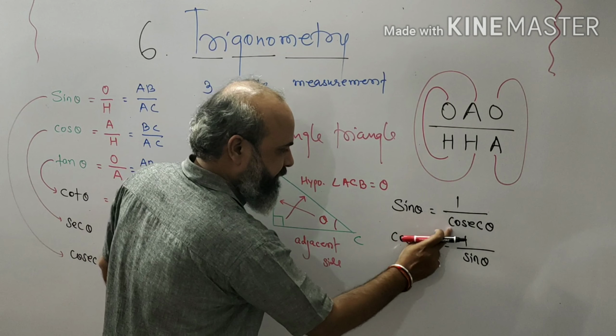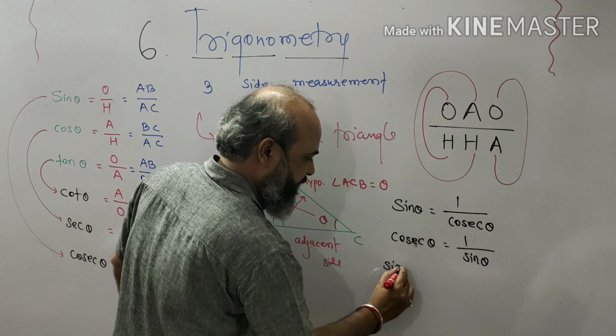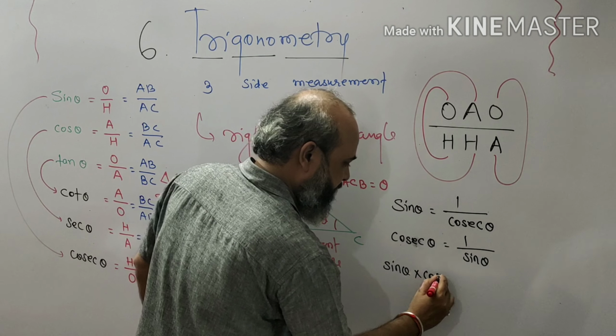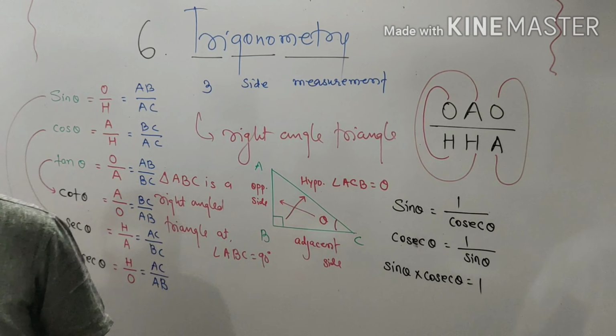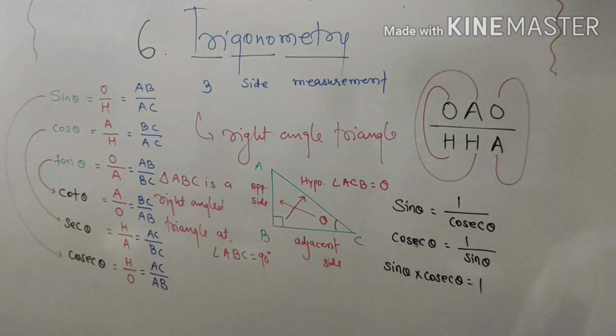When you multiply these two, sin theta into cosec theta is equal to 1. So sin theta is 1 upon cosec theta, cosec theta is 1 upon sin theta, and sin theta into cosec theta is equal to 1.